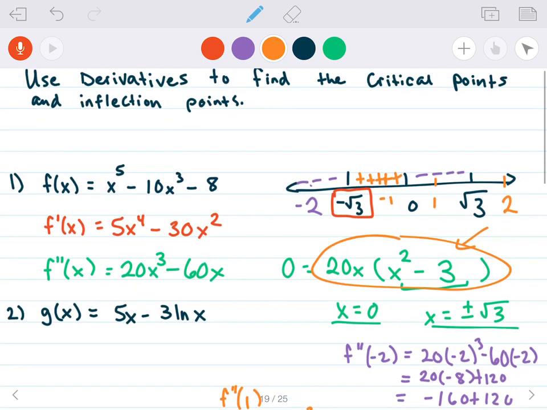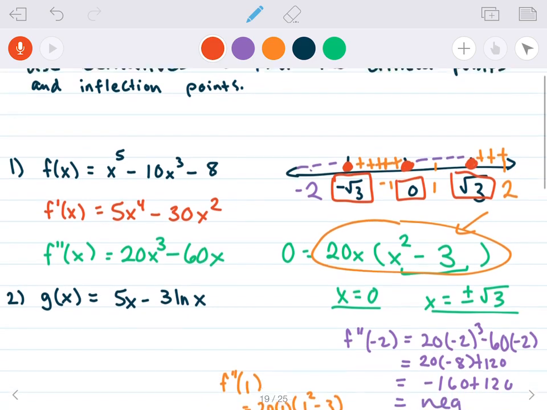So it looks like all 3 of these are inflection points. Why is that? Because we're changing signs at those points. We're going from negative to positive at negative root 3, positive to negative at 0, and negative to positive at root 3.